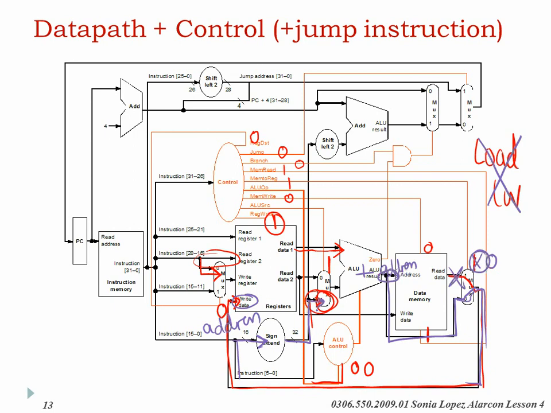So it's not loading what we read from memory, but it's storing some address calculation in registers. We could say that this is actually behaving like an add immediate instead. But the additional thing that happens here is that we are reading data out of memory, but we are ignoring it.